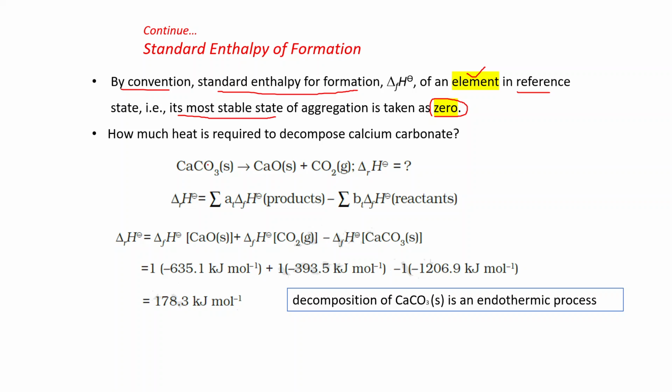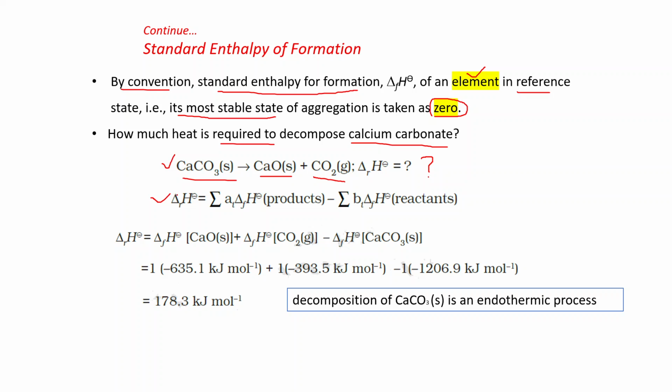Take one example. How much heat is required to decompose calcium carbonate? According to this reaction, CaCO3 solid converting into CaO solid plus CO2, we have to find out the standard enthalpy of reaction, and this can be calculated using this formula.